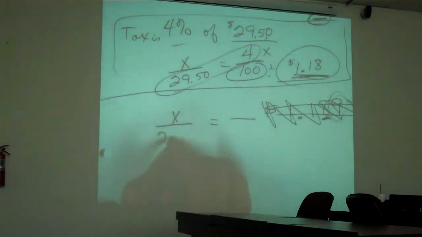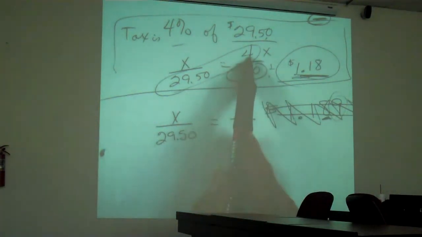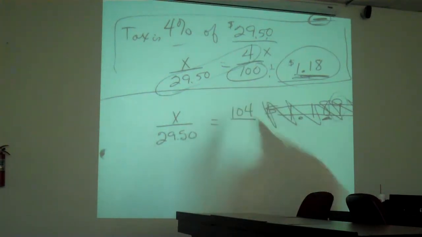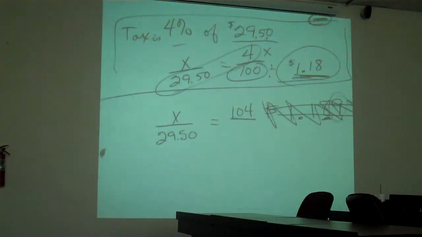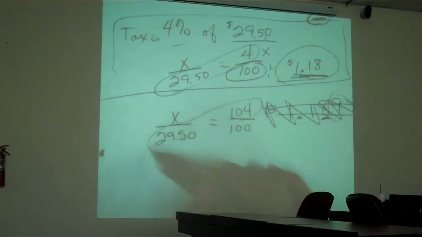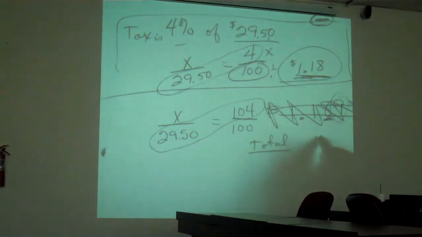You've got your price. If you have a 4% tax that's added to the cost, could we say 104%? The cost is 100% plus the 4% tax. That would give you the total cost.